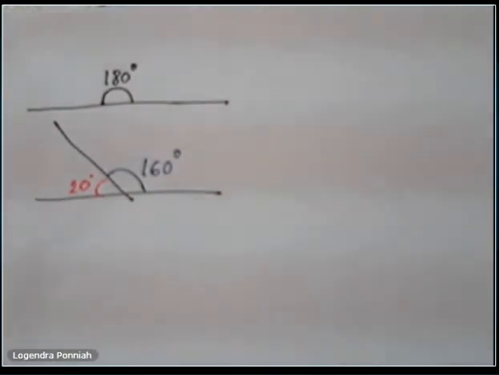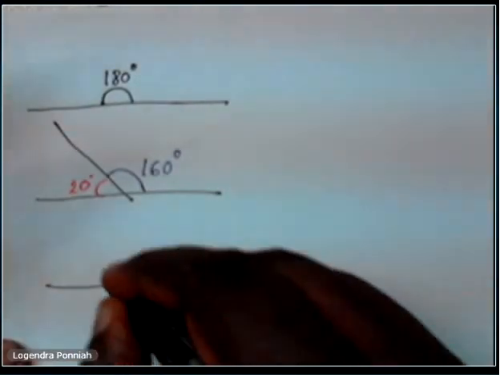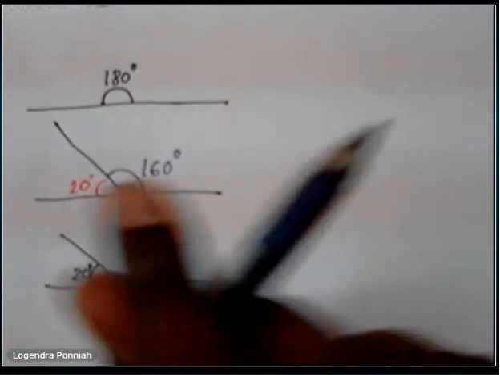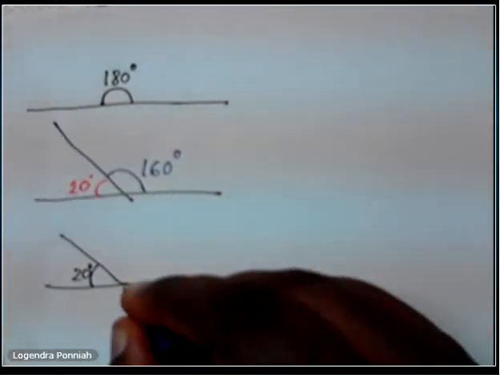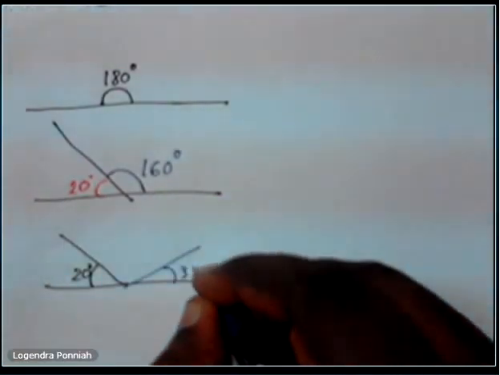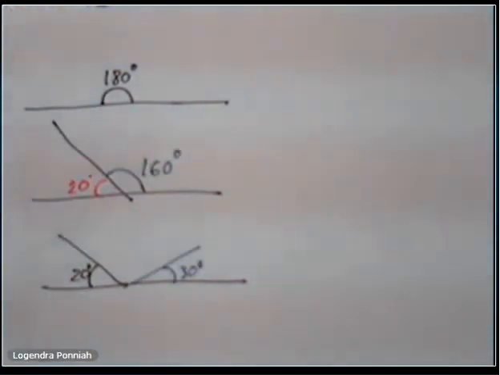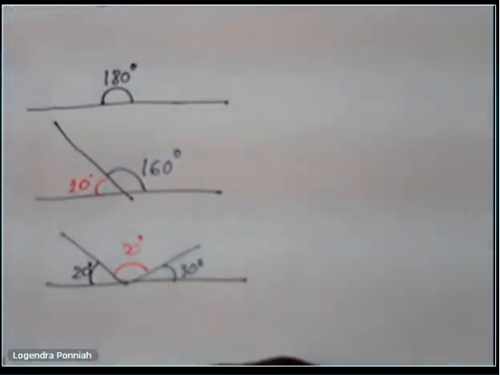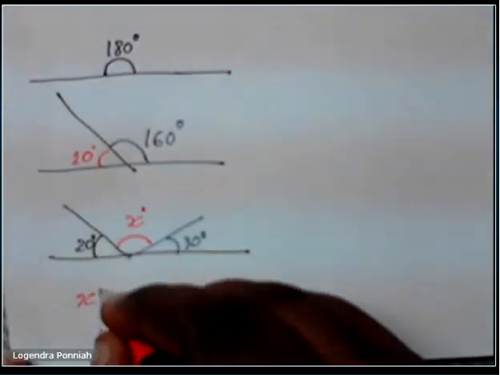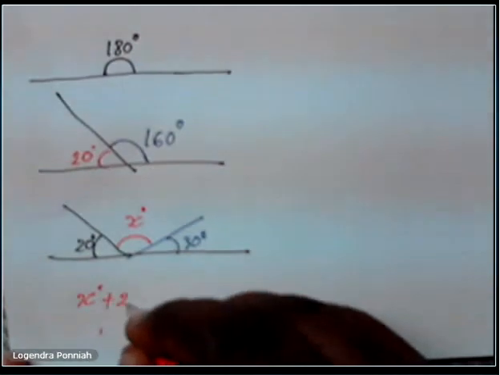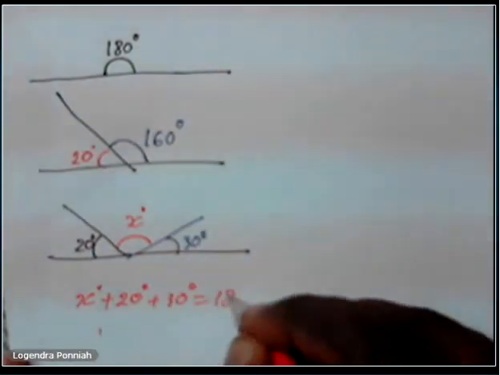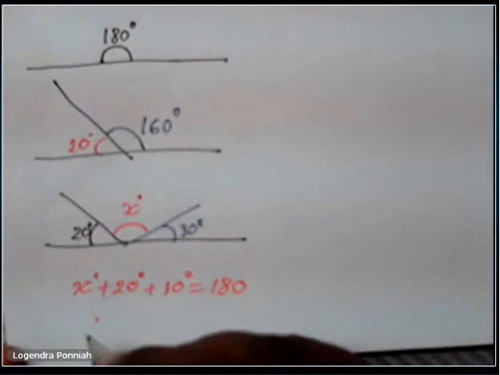I can give you another example. If this is 20 degrees and this other angle is, let's say, 30 degrees, and the question is how much is x, obviously you will say x degrees plus 20 degrees plus 30 degrees equals 180.